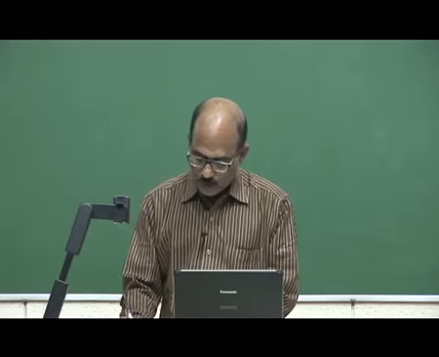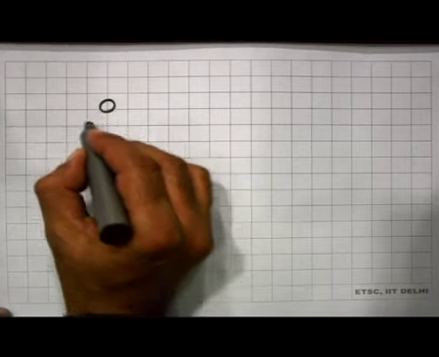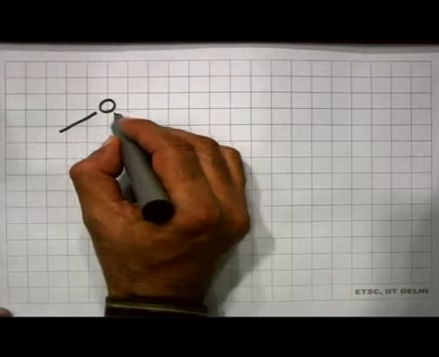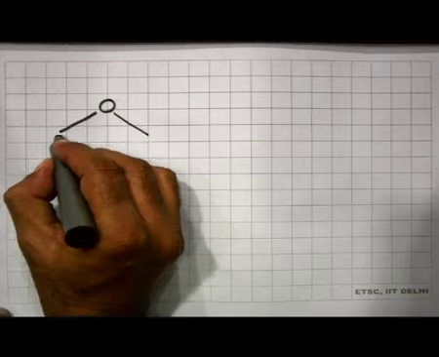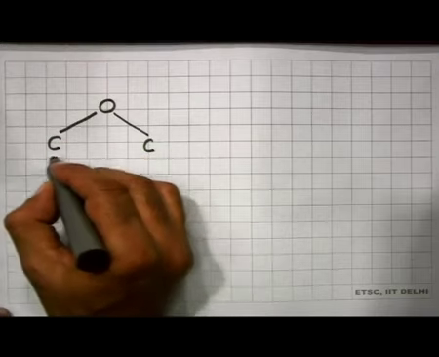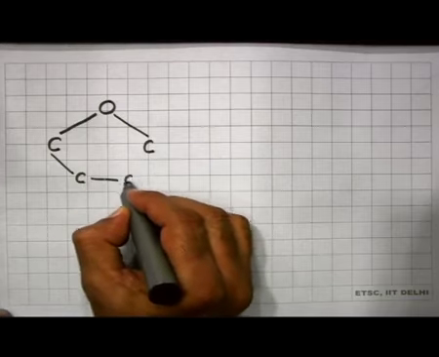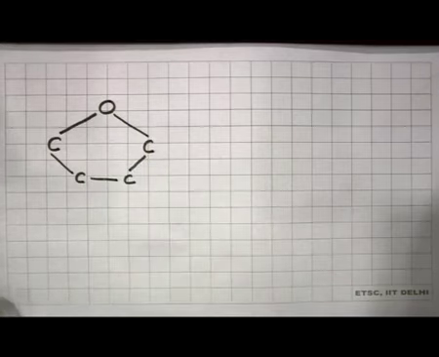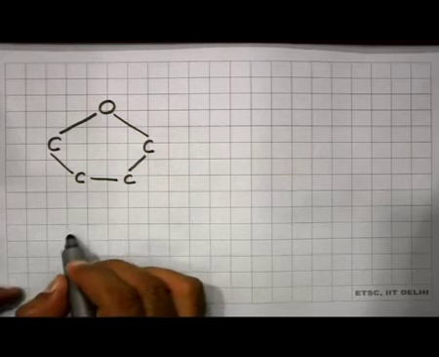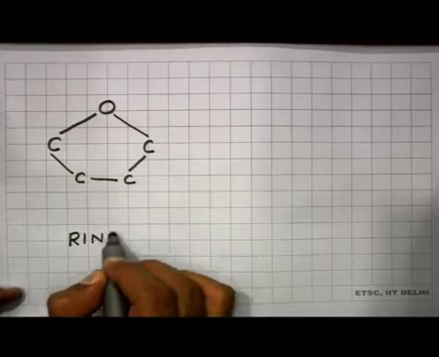Now, you can easily make the ring form of ribose sugar. Here is the O, oxygen, here is carbon, and here is also carbon. This is the skeleton of the ring form of the pentose, that is ribose.